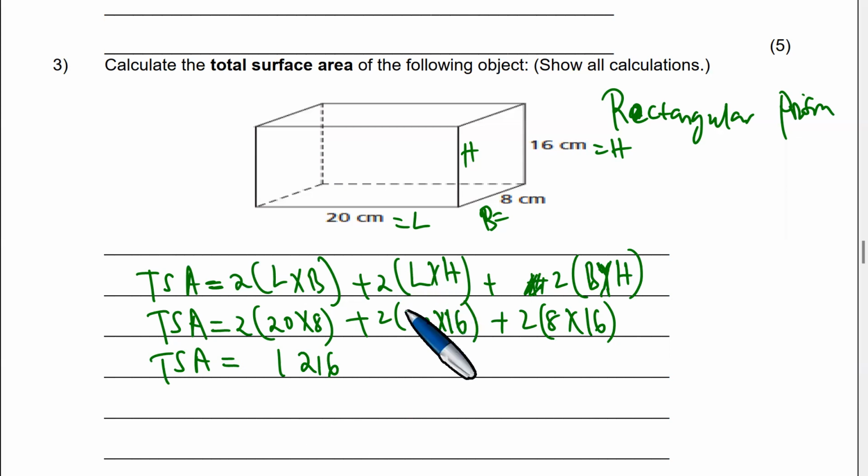The unit here is the centimeter, so it's going to be exactly square centimeters. And that is the total surface area. Note the formula that given a rectangular prism, the total surface area is this one. So it's twice into the length by the breadth, twice into the length by the height, twice into the breadth by the height. So that's the answer.